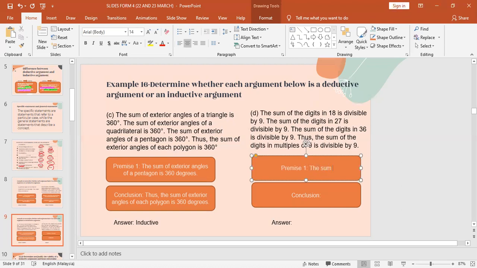That is one of the premises because as we know, yang teacher dah baca dia punya definition tadi, argument can consist of more than one premise, several premises. Maksudnya beberapa. Tapi sekarang ni kita boleh je tulis satu je premise. Okay, premise 1 is the sum of the digits is divisible by 9. So what is the conclusion?